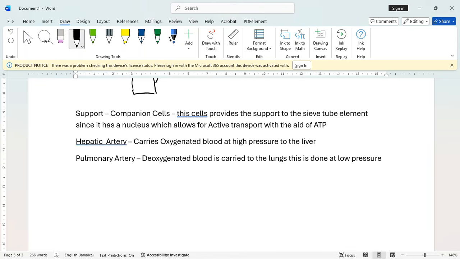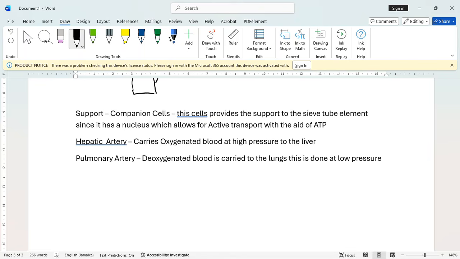And this helps right there in your lung, if you remember those small sacs, the capillaries of the alveoli. You don't want that blood coming at high pressure so that it will damage them.